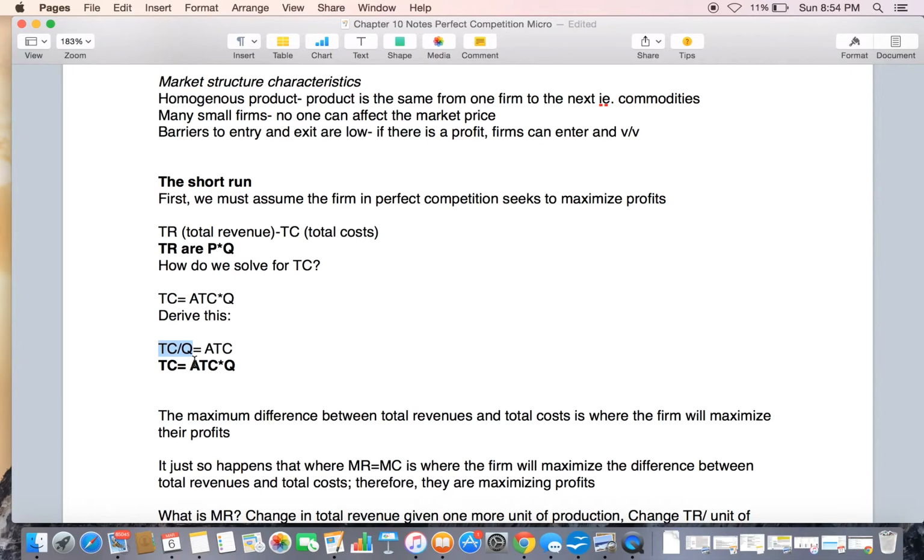We can rearrange this formula by multiplying both sides by Q. So total cost divided by quantity times quantity leaves us with total cost. So if we rearrange the formula, we can solve for total costs where average total cost times quantity equals total costs.